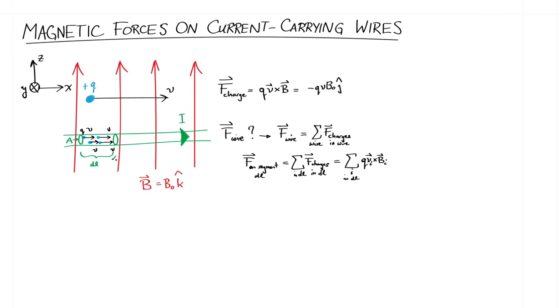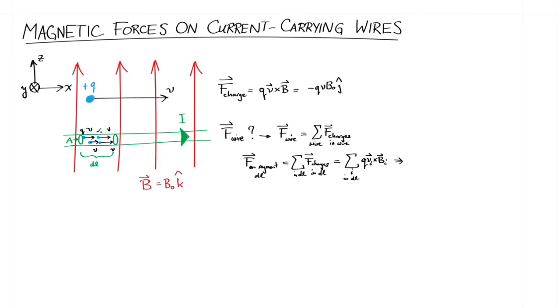Now, if this segment DL is relatively short, then we can basically treat the magnetic field as being constant over the entire wire. In this particular example, the magnetic field is constant, but even if it was changing as a function of x, if this segment was sufficiently small, we could treat the magnetic field as being constant in that range.